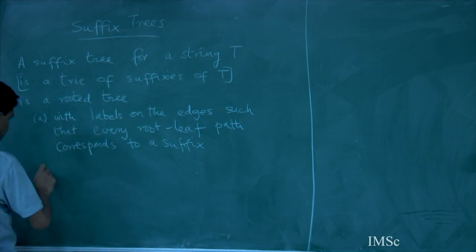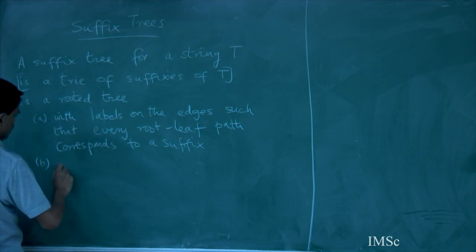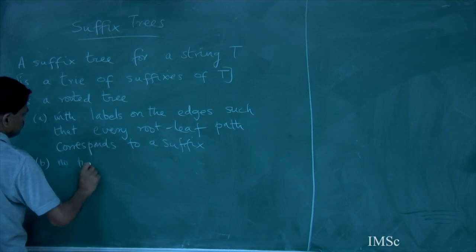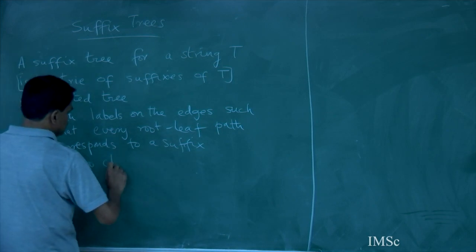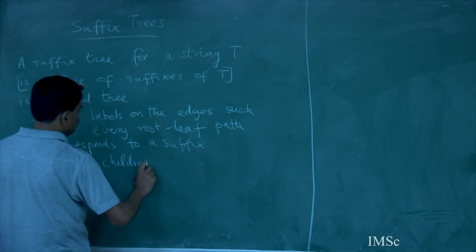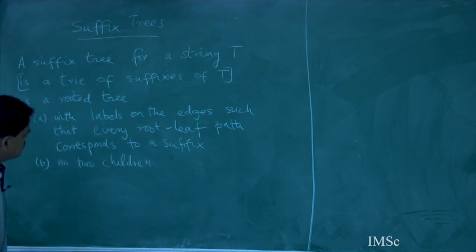And no two children of a node, or no two edges coming out of a node, have the same label.